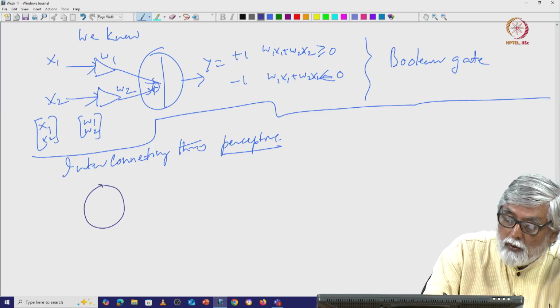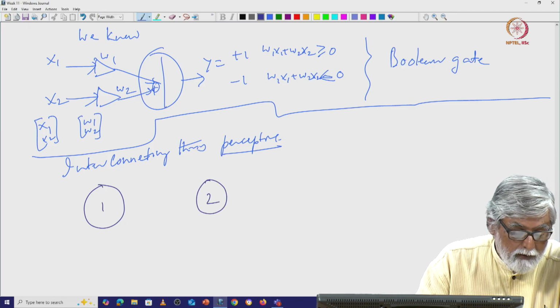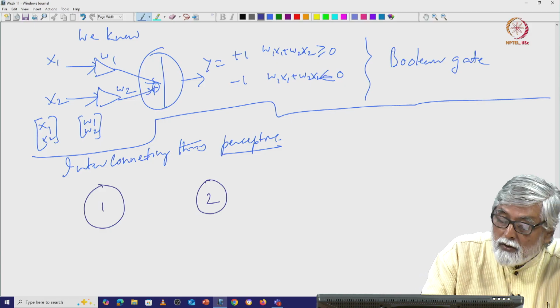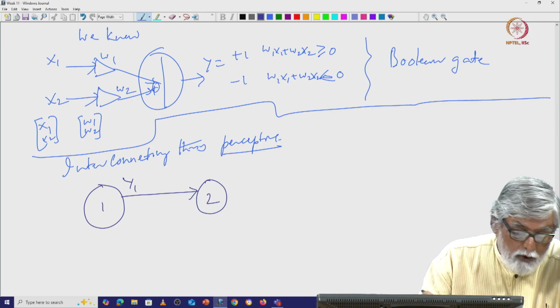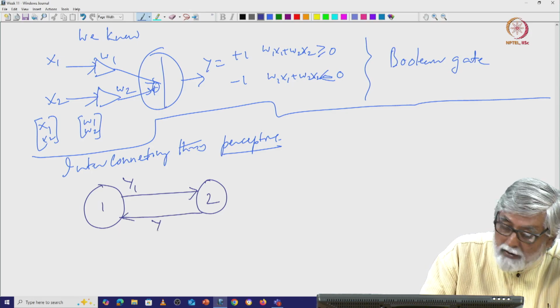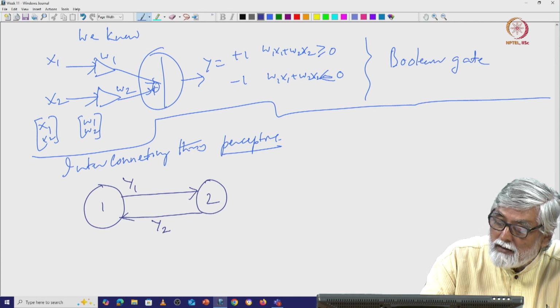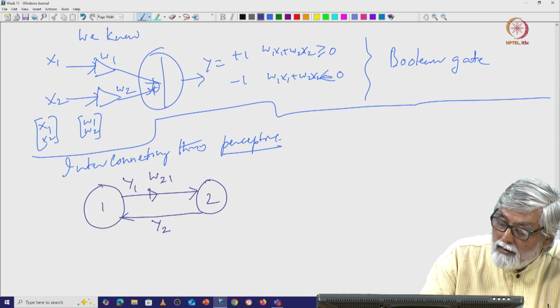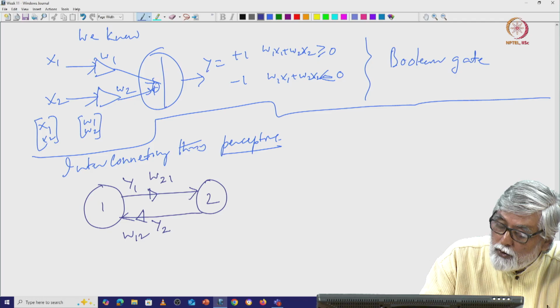You have a perceptron 1, you have a perceptron 2. You connect the output of perceptron 1, which is y1, to this, and connect the output of perceptron 2, which is y2, and this has a weight w21, this has a weight w12, that is the weight from perceptron 2 to 1.